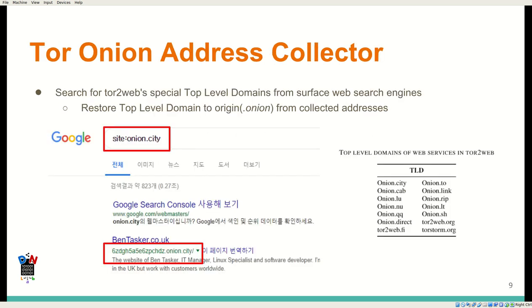We collected some top-level domains generated by Tor2Web in the table from the Tor community or hidden service link directory, and search them as shown below to collect modified onion addresses. These onion addresses are the seed onion addresses, restoring the top-level domain to its original form.